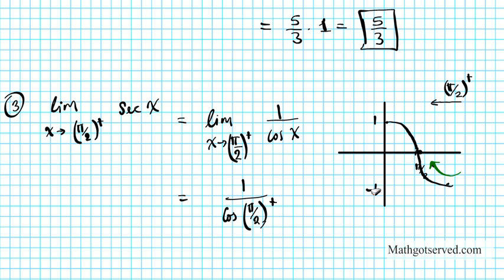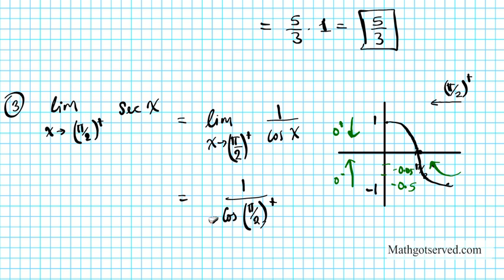Because if you're approaching from this direction, it's 0 from the left, right? 0 from a negative number. And then if you're approaching from the top, it's going to be 0 from the right. So we're getting really, really close to a very, very small negative number, right? So we can say like around here is negative 0.5, and then as you get closer, it's like negative 0.05.